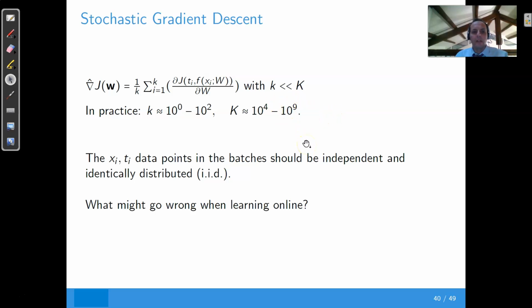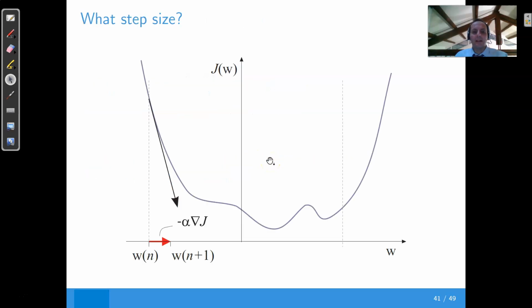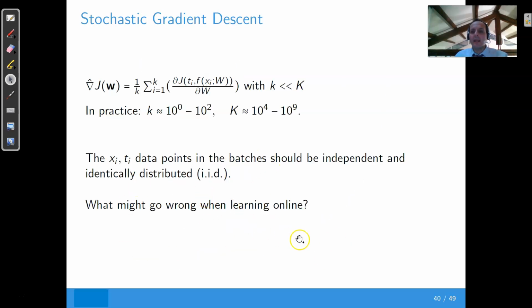Another important point is that the data points should be independent and identically distributed, so they should follow an independent statistical distribution. This is another requirement when you are acquiring the data, and of course could be an important problem when, for example, you are performing online learning.